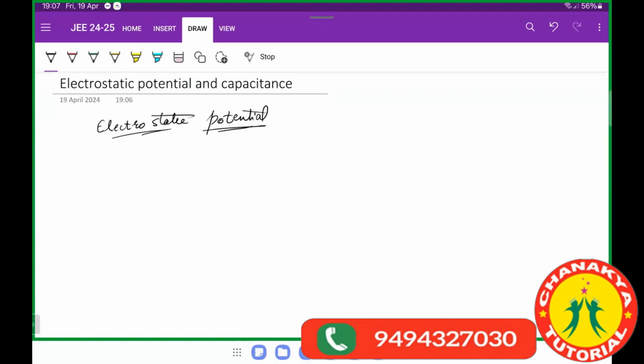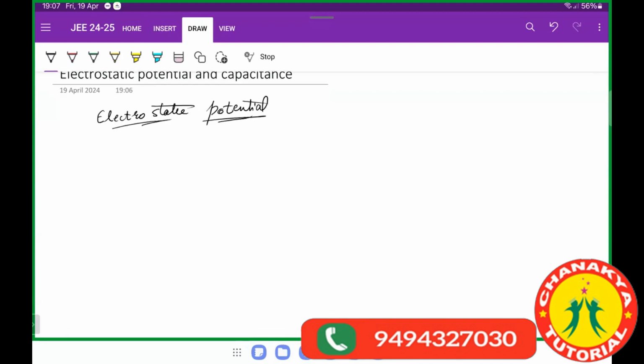Sir, electrostatic potential is the amount of work done to accelerate a charge from a reference point, like from outside of an electric field into the electric field. Yes. That is electric potential and potential difference. Same thing, just between two potentials.